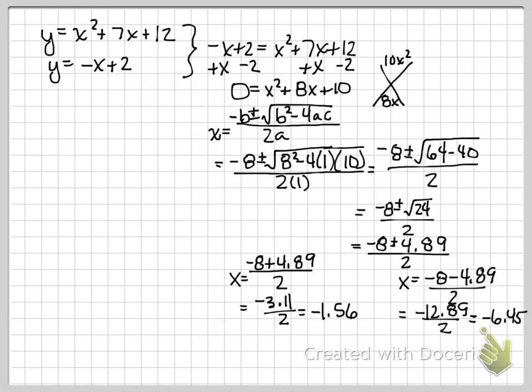So again, same as before, I'm going to just put it into one of my equations. So I'm going to put it into my linear equation. For each one, y equals negative of negative 1.56 plus 2, and that's going to give me 3.56. So for my first one, it's negative 1.56, comma 3.56.